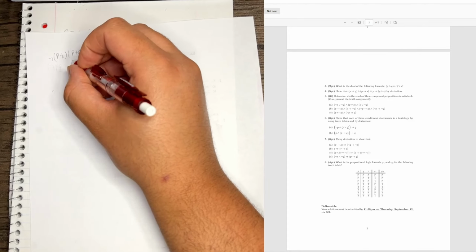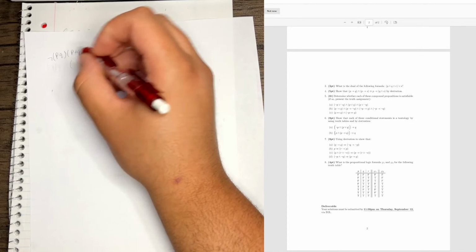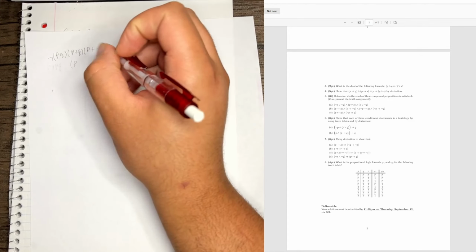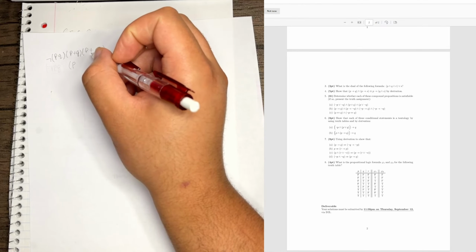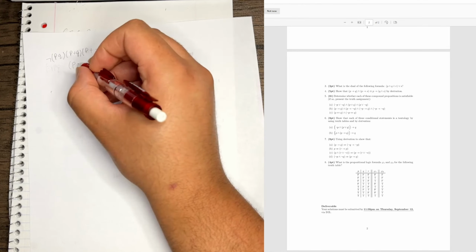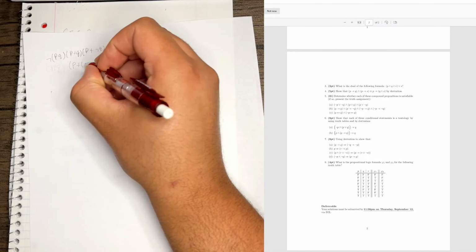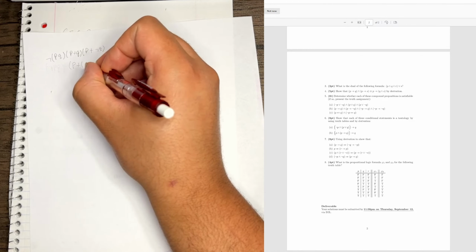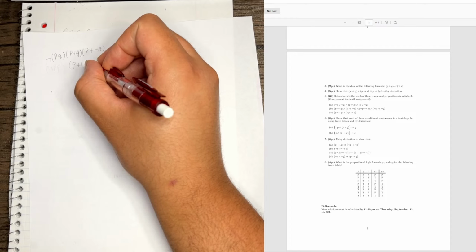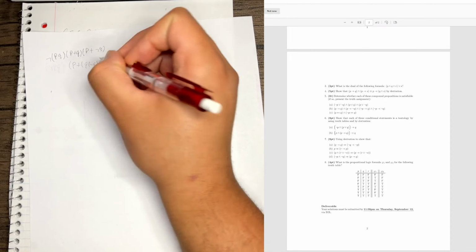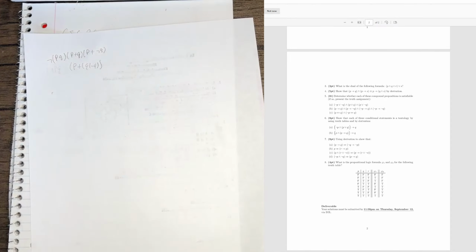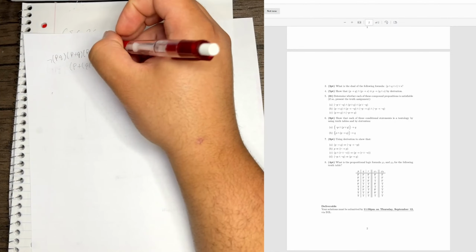So that can be simplified: P can be true for either one of those, and it automatically makes it true. P and not Q, which makes it false instantly, because that cannot be the case.